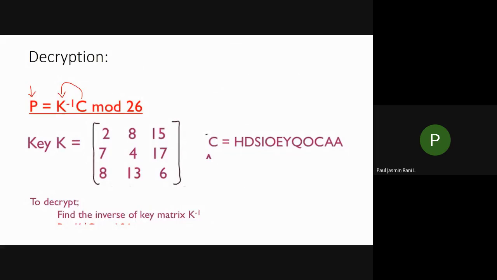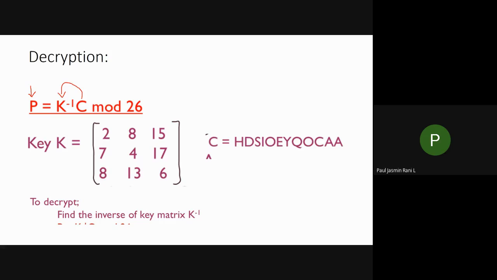So the first step is to split your ciphertext, and after splitting you have to multiply with K inverse. But you have only K, isn't it? You don't have K inverse. If you had K inverse directly, you could multiply directly with it. But here you have only K, you don't have K inverse.